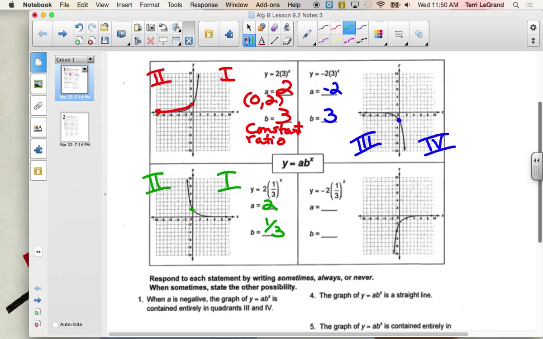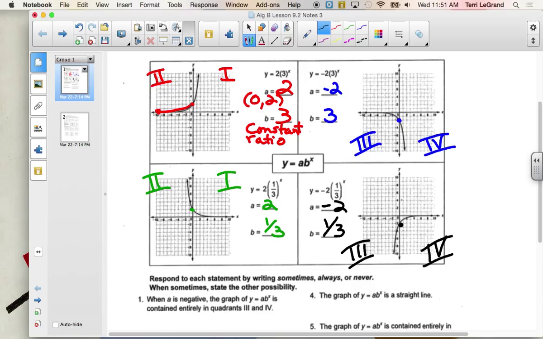Okay, and then let's look at our last one over here. What's our a value this time? -2. Now it's -2 again. It's crossing the y-axis at -2. Its b value is 1/3 again. And just like the one above it, it's in quadrants 3 and 4 only. Again, it's approaching the x-axis.